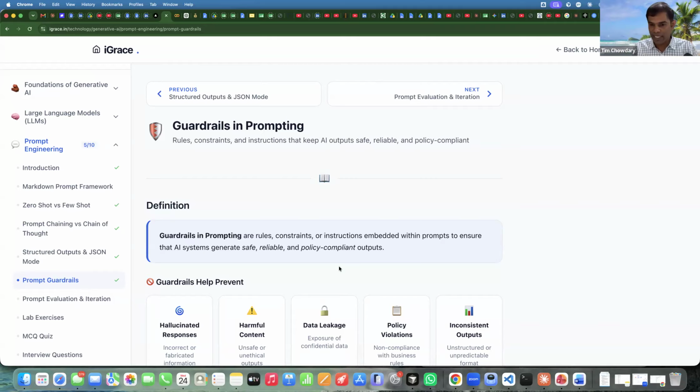We also saw some examples, like the protein-rich diet example. We passed some context and saw how the output without context differs from the output with context, and what the relevance of the output is. We discussed which scenarios prefer zero-shot prompting, which scenarios prefer few-shot prompting, and the cost constraints.